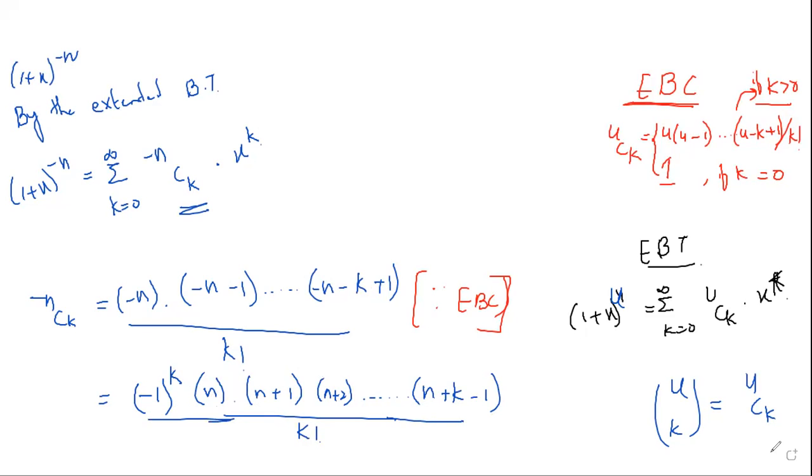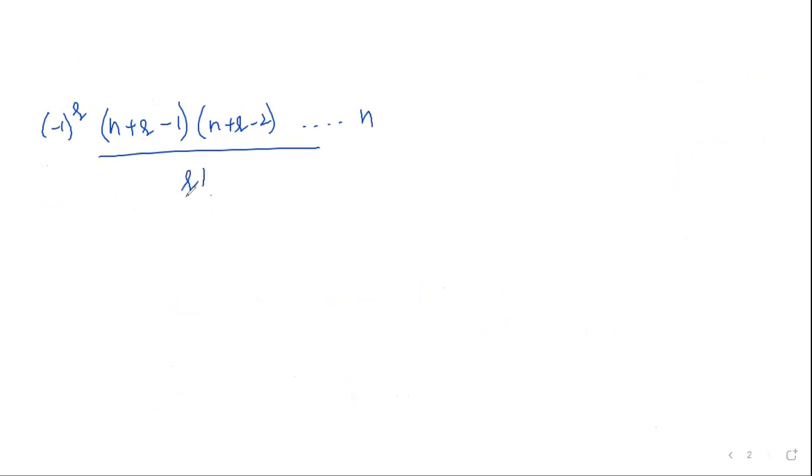Now after that, what should I do? We can write it as minus 1 whole power r into, the first term is n plus r minus 1, then n plus r minus 2 and so on up to n, by r factorial.